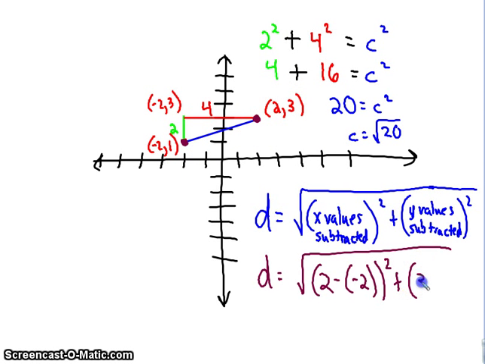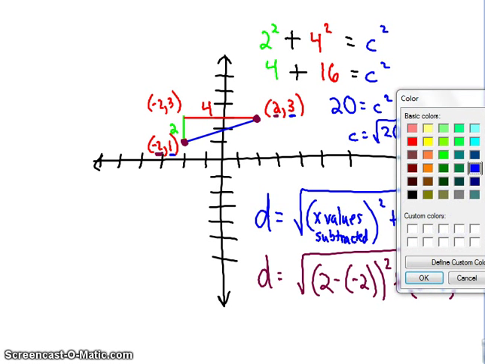So the first y value is the 3, the second y value is the 1, and then I square that. Okay. All right, so remember, the x values are the first number in the ordered pair, and the y values are the second number in the ordered pair. Okay, so 3 minus 1.